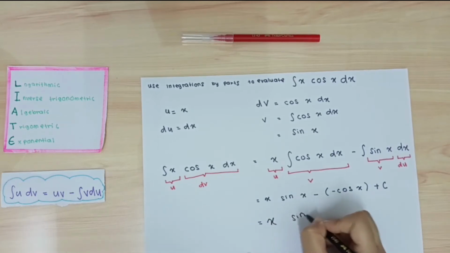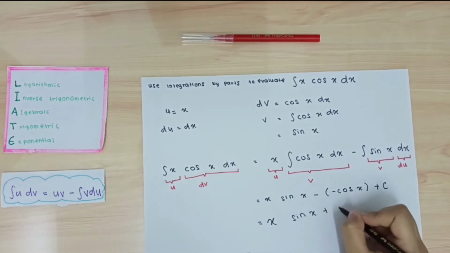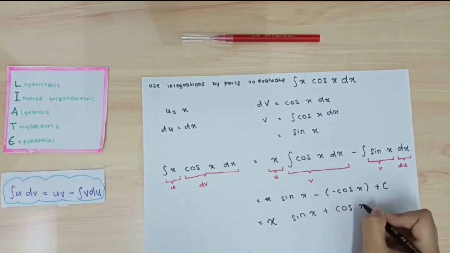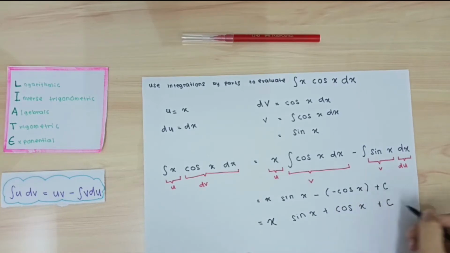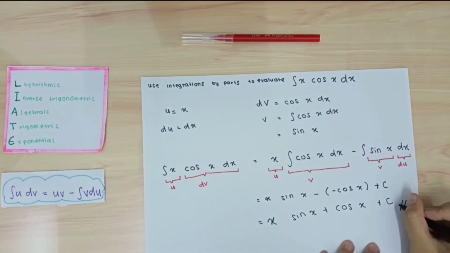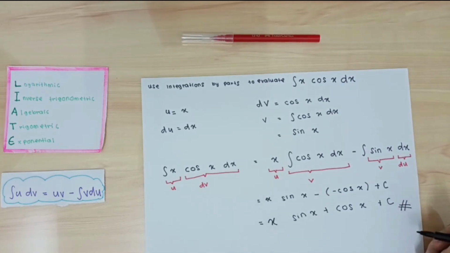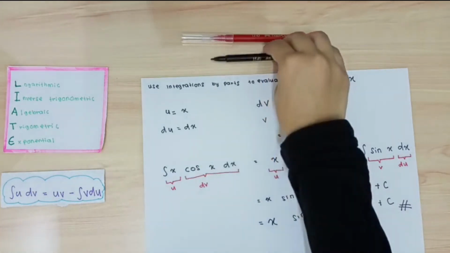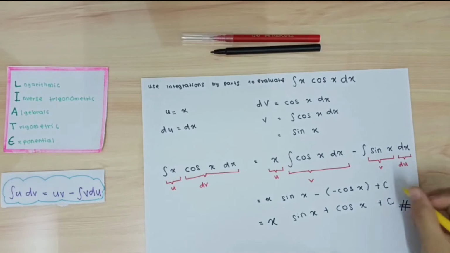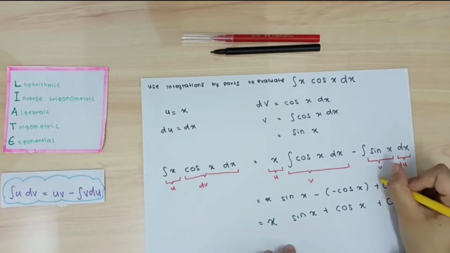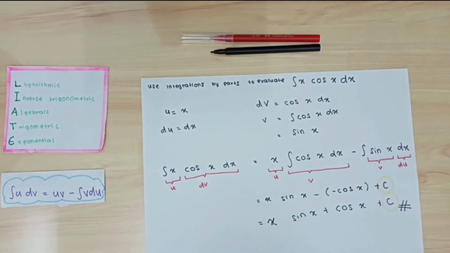The final answer will be x sin x plus cos x plus c. The reason there is a c here is because this is integration by parts for indefinite integrals.